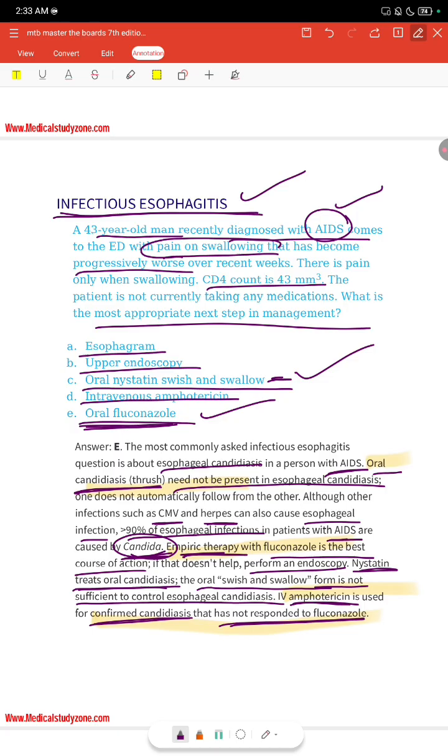Although we go for upper endoscopy, that is only opted for after we see that the oral fluconazole is not working, or the patient's symptoms are not responding to the empiric therapy with fluconazole. Only then we perform an endoscopy.